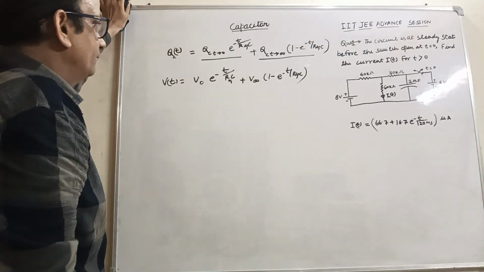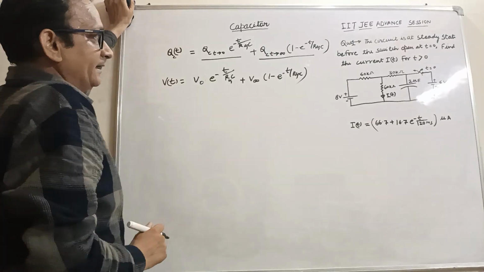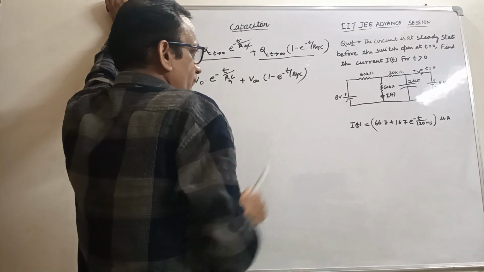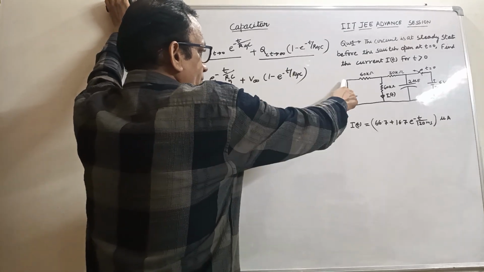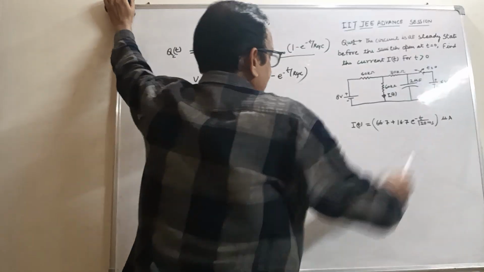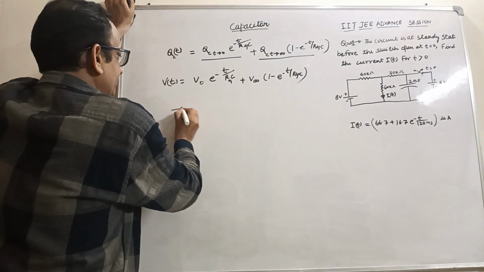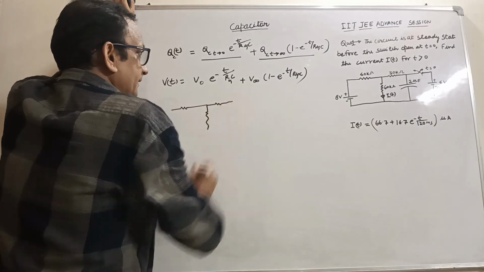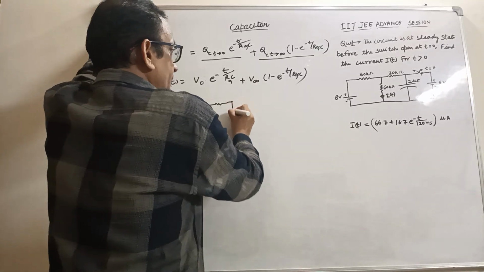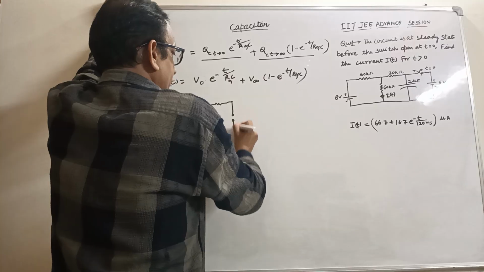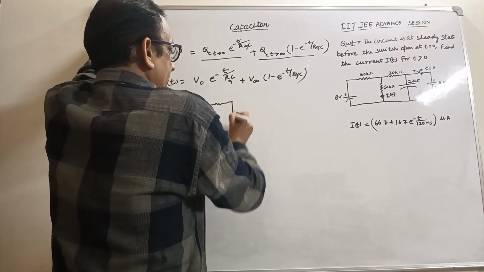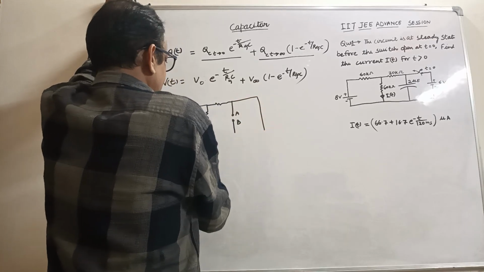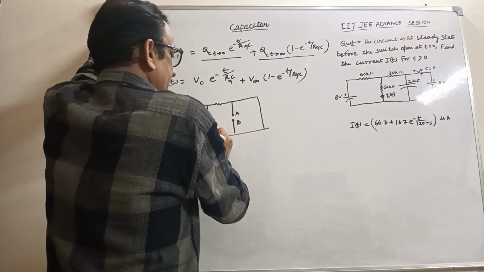So by Thevenin theorem we can calculate the equivalent resistance. All the voltage sources would be shorted. So redrawing the circuit, this 60, this 60, this 30, across terminal AB, and this is also shorted.